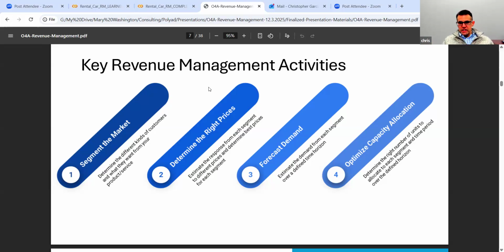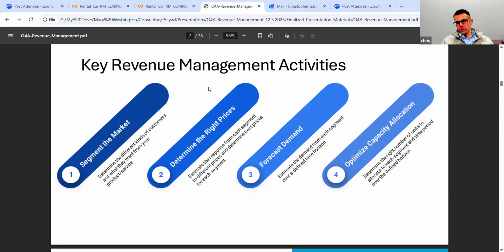So all these are some of the key pieces. Now this last piece, which is really going to be the focus of our work today, is optimizing capacity allocation. When we have these different demands from different segments at different price points, with our capacity over a horizon, we need to figure out how to allocate that capacity to the demand in a way that's going to maximize our revenue.